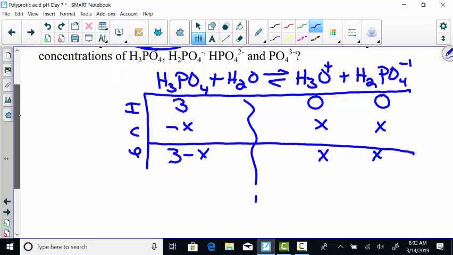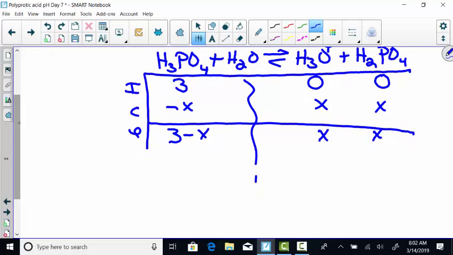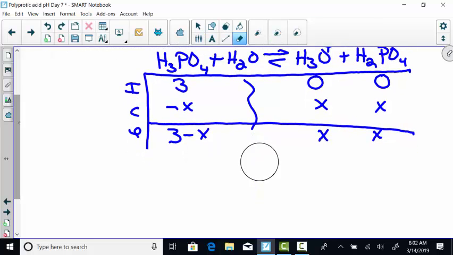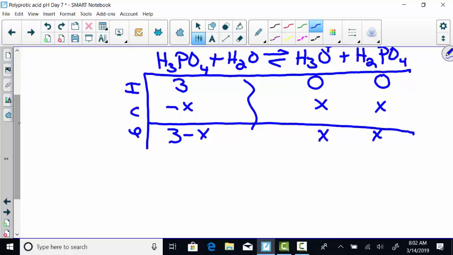So what I need to know then is, what is the Ka1 of this solution? And again, you would find it in the back of your book. The Ka1 for this solution is 7.5 times 10 to the minus third.